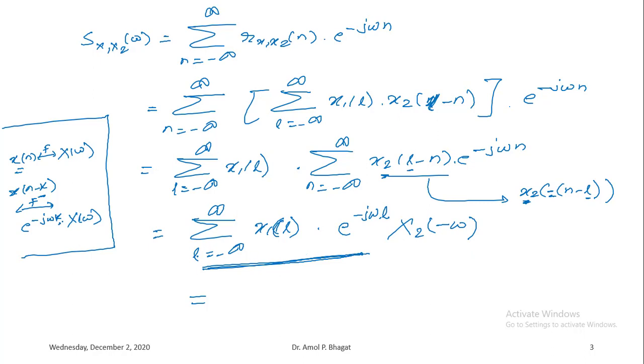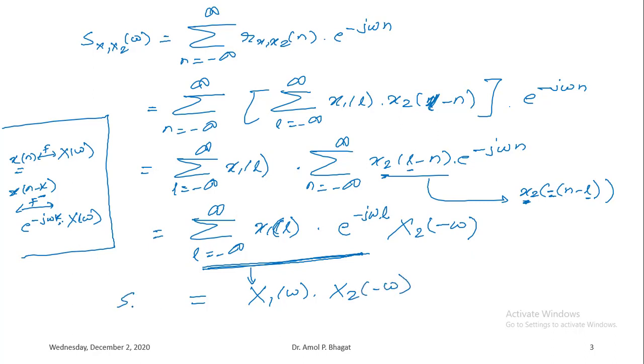Simply in place of n, variable L is there, right? But it is nothing but the Fourier transform of x1 of n, which can be represented as x1 of omega. So it will be simply replaced with this x1 of omega multiplied by x2 of minus omega.